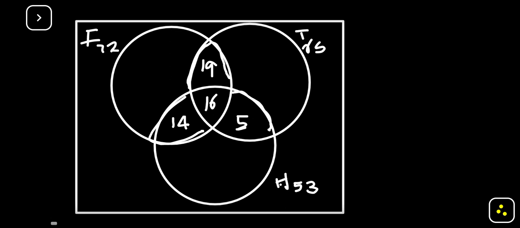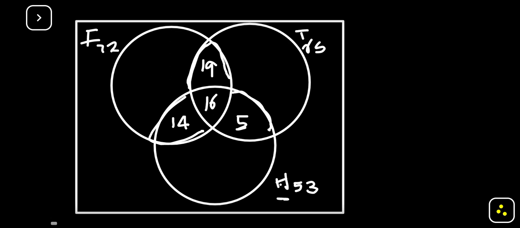So the question is, how many banked in exactly one of the three banks? They're asking how many people banked in only First Bank, only Trust Bank, and only Hallmark Bank. If you get the ones for only First Bank, only Trust Bank, and only Hallmark Bank, and add them all together, you get the number of those that banked in exactly one of the three banks.